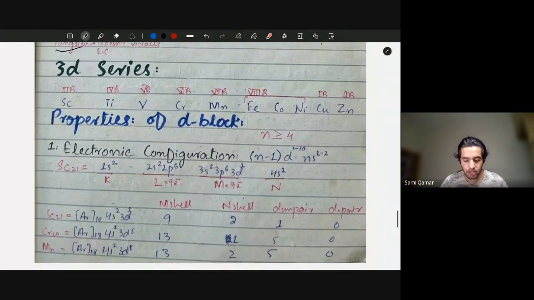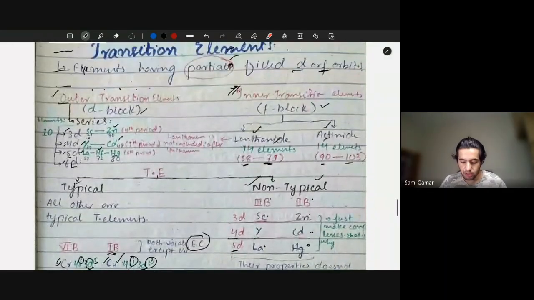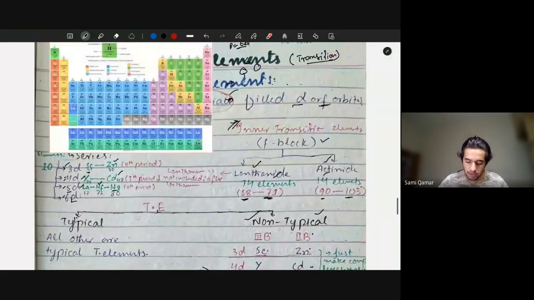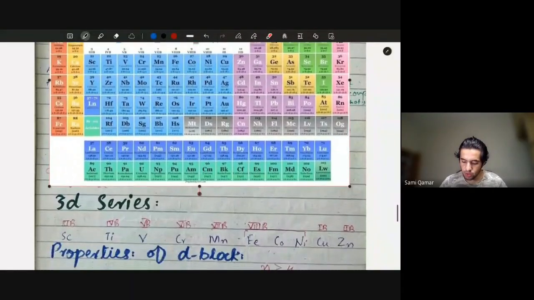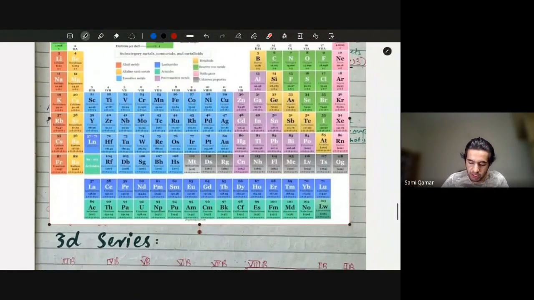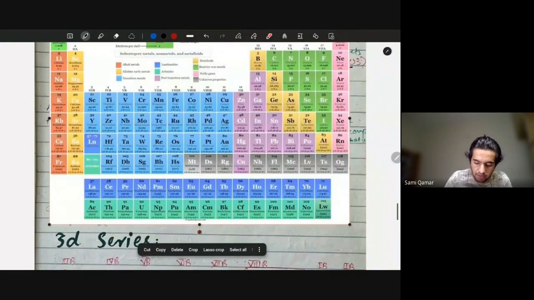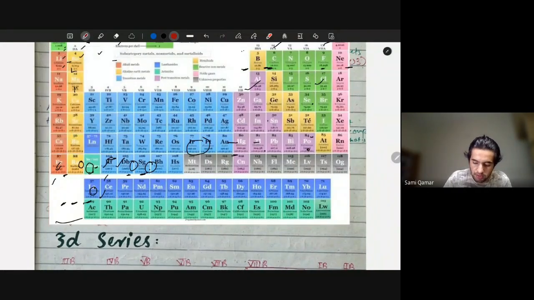We will start with this 3d series, and let me get the periodic table, then you can understand more easily. So here we go, this is our periodic table, right? Now you can see here, this is written 3B.